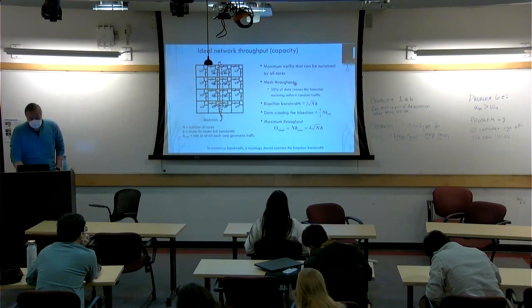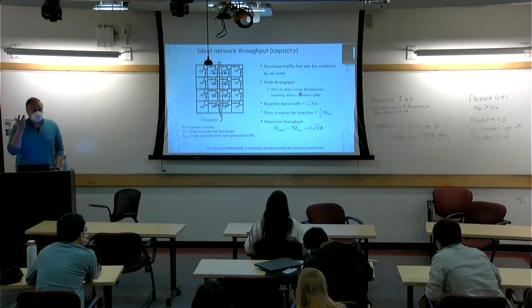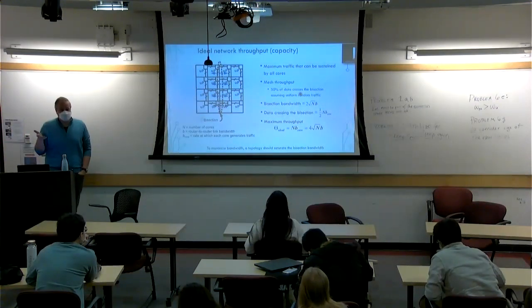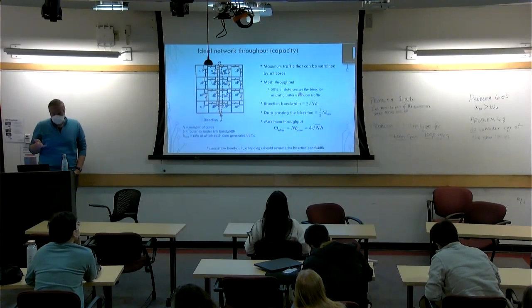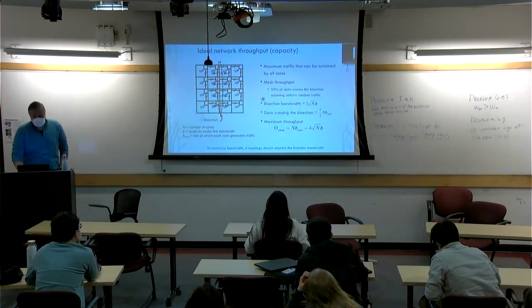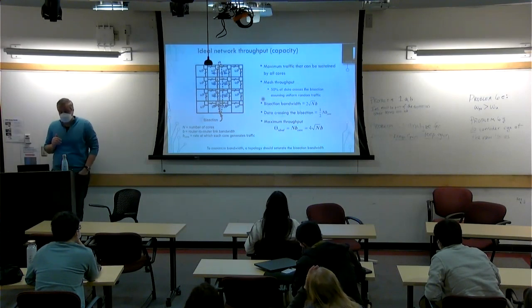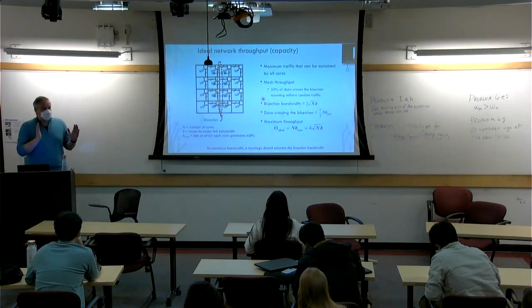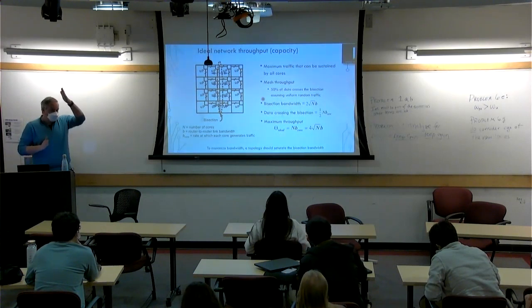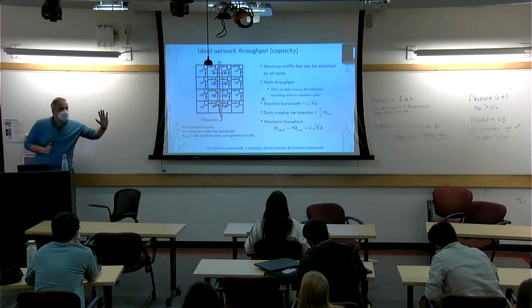So if you look at the mesh throughput, this is an example here. An important quantity to think about is the bisection bandwidth of the network. We've drawn it here. Bisection bandwidth defines the bandwidth across a cut that has half the nodes on one side and half the nodes on the other side.